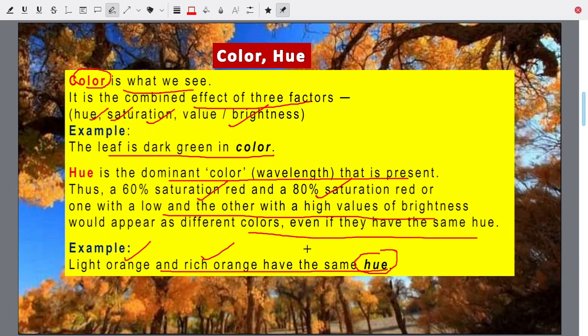Light green and dark green, they have the same hue but they are different colors because they appear different. So color is what you see, whereas hue is the dominant color that is present. And remember that hue plus saturation plus brightness gives you the sensation which is called color. The color sensation is made up of not only hue but also saturation and brightness.